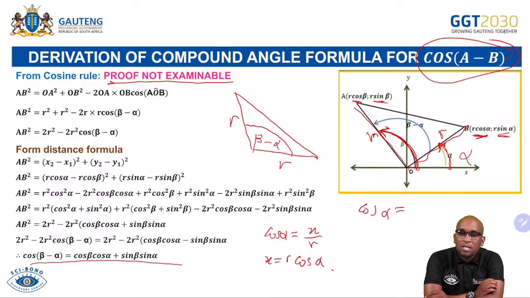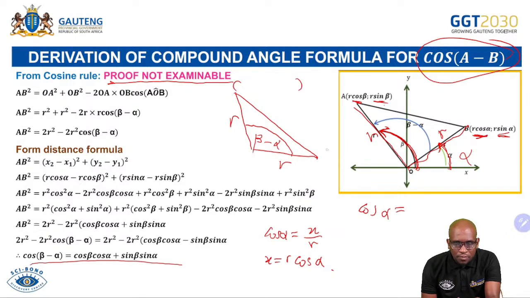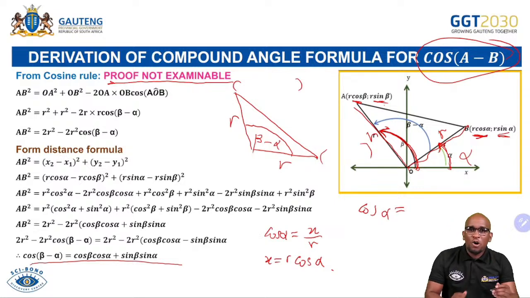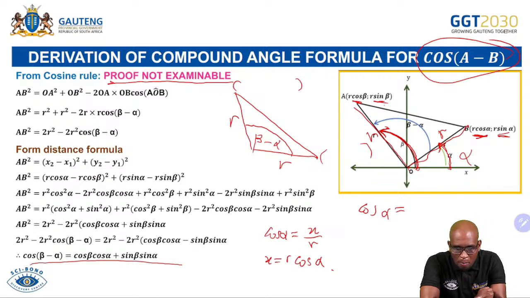Similarly, sine alpha would be y over r, which means that the y value would be r sin alpha. We do the same with this one. Now that you've completed the set of ordered pairs for point A and point B, we are going to use our cosine rule in this triangle.